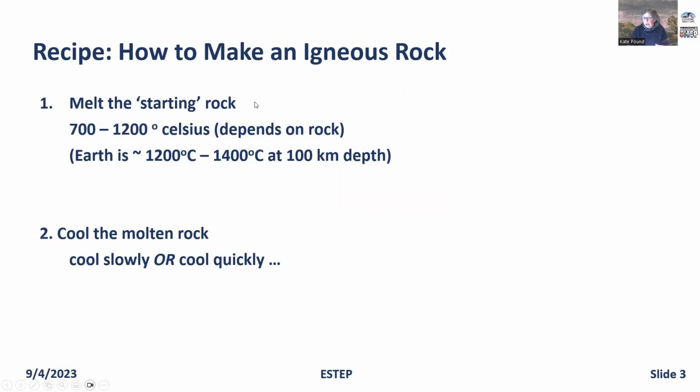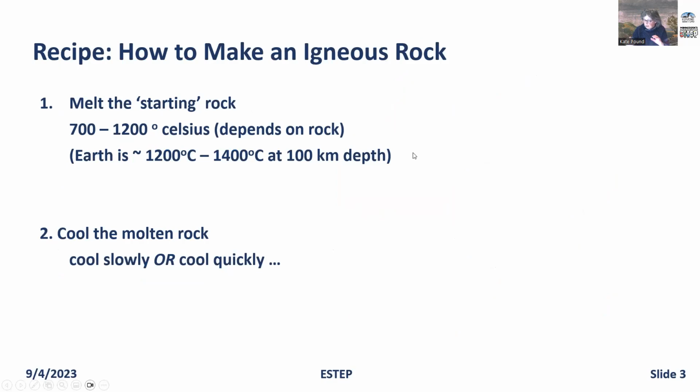All right, so how do we make an igneous rock? Whatever it starts from, if there's something solid, that has to be melted. And depending on the composition of that solid stuff, it'll be melted anywhere between 700 and 1200 degrees Celsius.